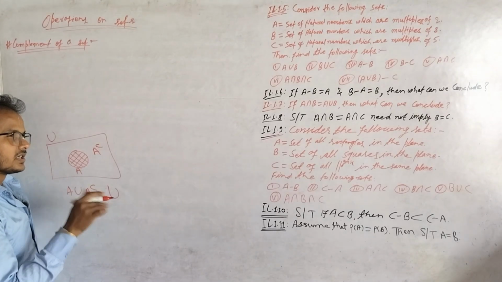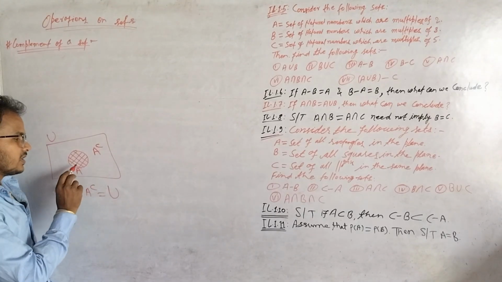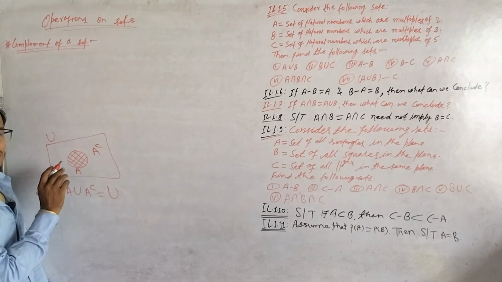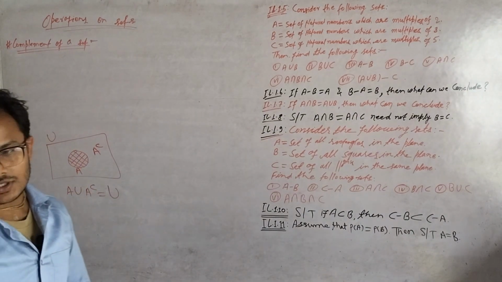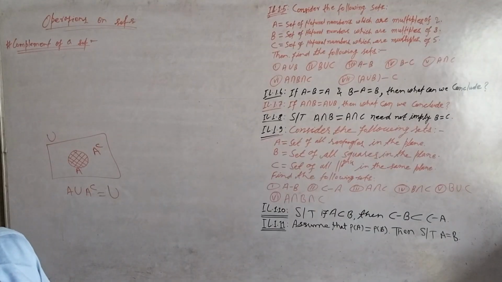That means the complement set contains only those elements which do not belong to set A. So we read the definition of complement of a set.